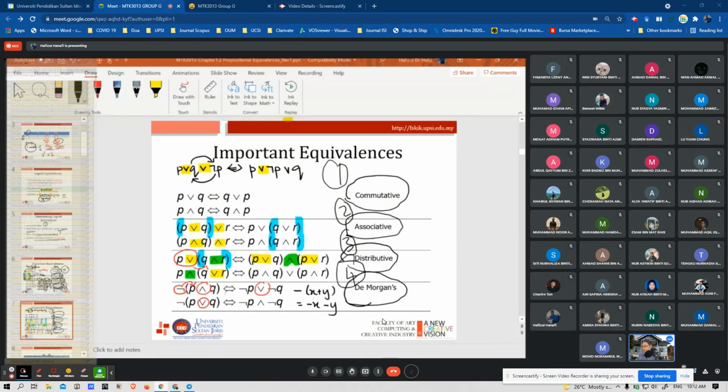If you see on the screen, we have P or Q, and we just change the Q and P, which gives Q or P. This one is the commutative law.